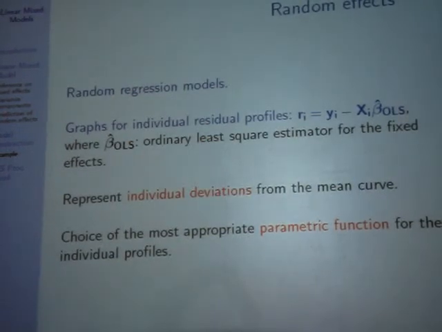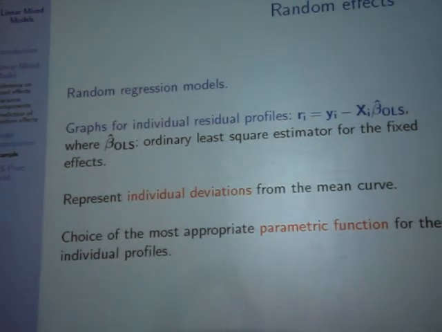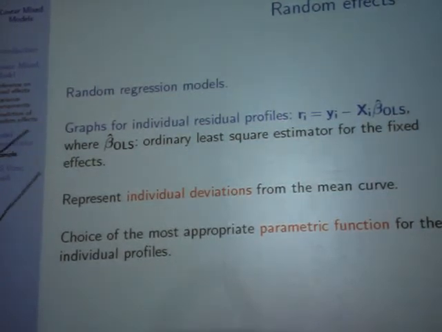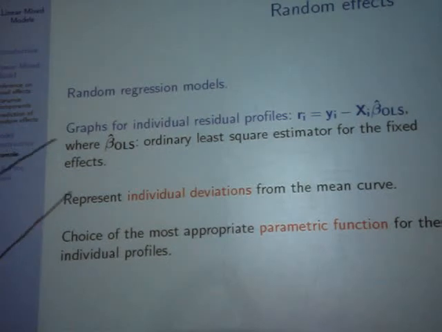So the second step of the model construction is to choose the random effect structure. So it's to choose the random regression model. The random effects represent individual deviations from the mean curve. To see which will be the most appropriate parametric structure, you have to plot the graph of individual residual profiles.